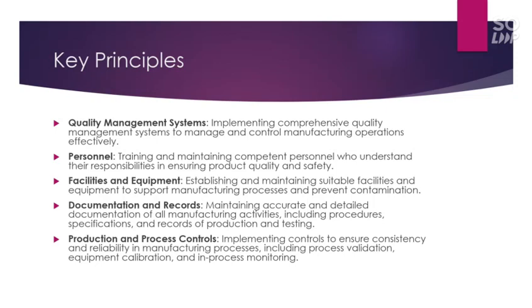Documentation and records, maintaining accurate and detailed documentation of all manufacturing activities, including procedures, specifications, and records of production and testing. Production and process controls, implementing controls to ensure consistency and reliability in manufacturing processes.